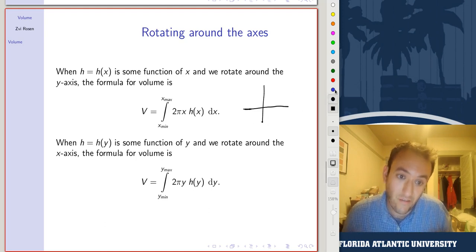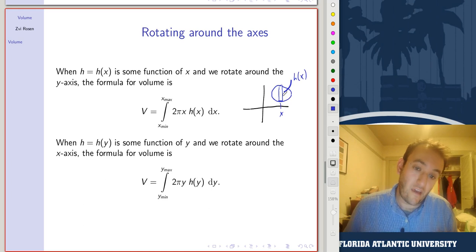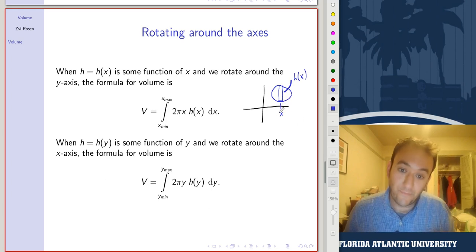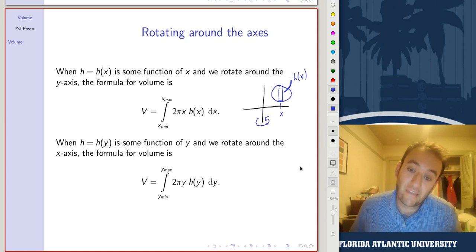We have some region here, and we have a function h which tells us how high this is. This is h of x, and this is x, right? So the height of this rectangle depends on the x value. Then the integral we would use to compute the volume of the corresponding solid from rotating around this line is given by the integral from x min to x max of 2πx h of x dx.